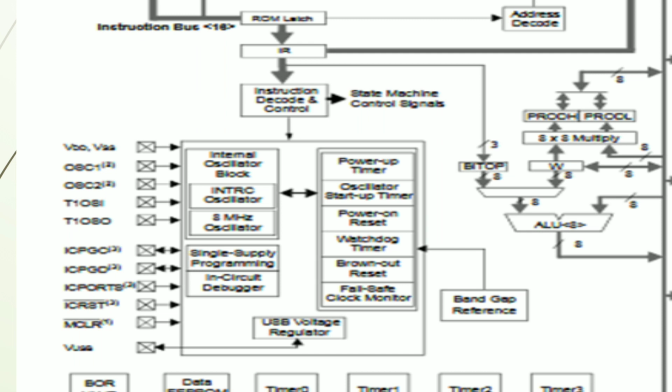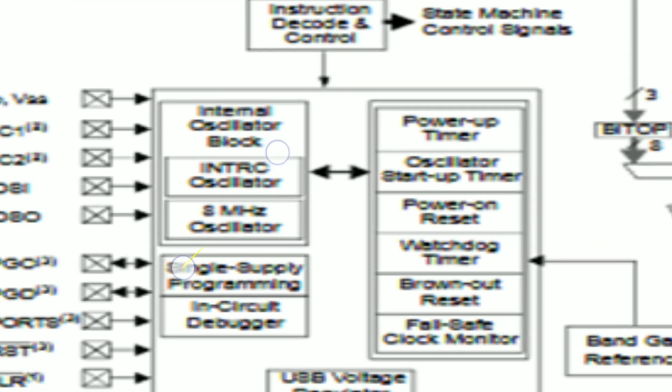So USB reset is there. The internal RC oscillator used has the capacity of 8 megahertz, which is inbuilt with the PIC18F series microcontroller. After that, the ALU and W register are also available for ALU operations in this section.